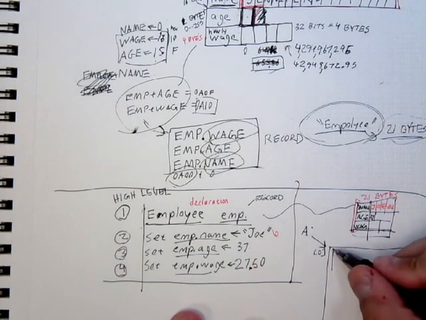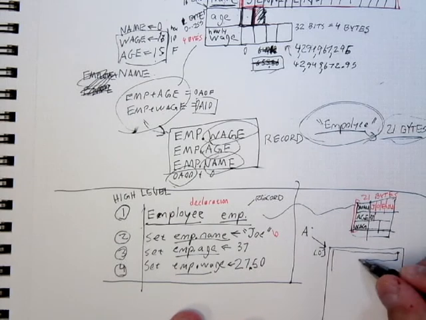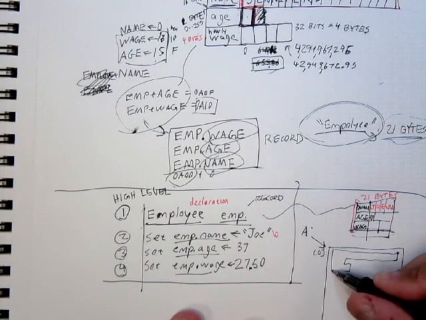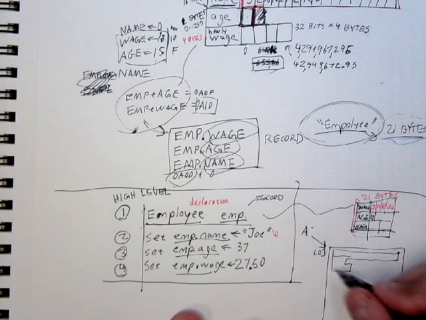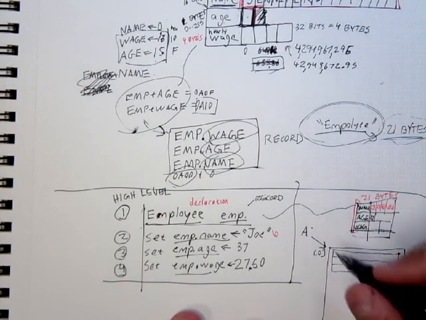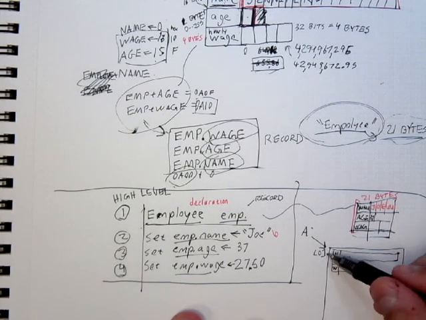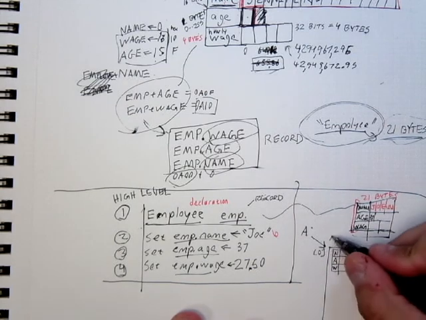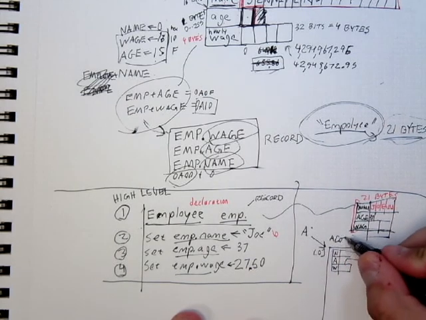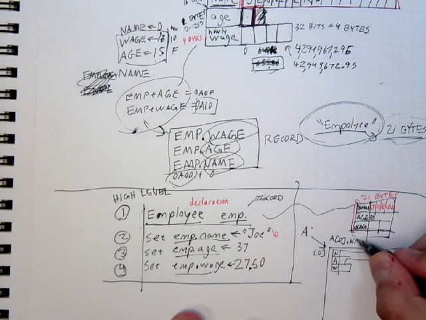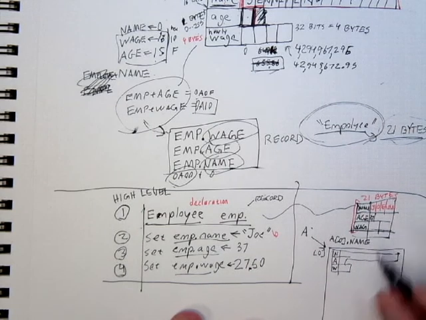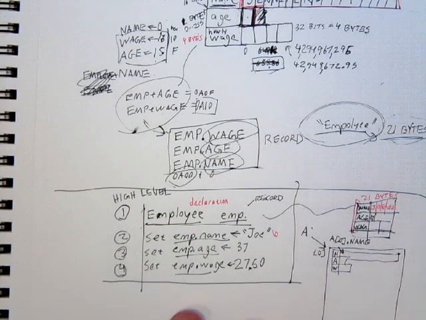So that 21 bytes could be an employee. A0 dot name, A0 dot age, and A0 dot wage would just be offsets from A0. So you could say A bracket 0 dot name in your pseudocode to indicate this address.